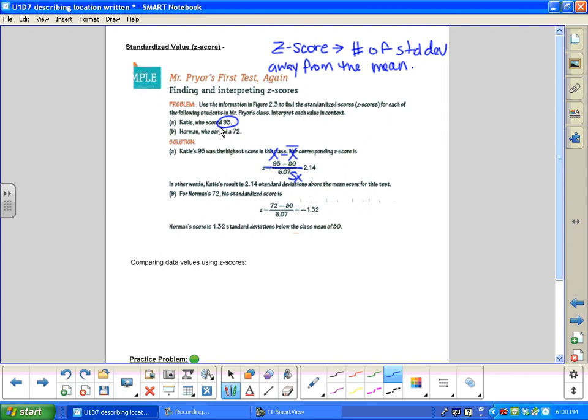So it's also kind of a measure of position in terms of the mean and standard deviation of your data set. You could also see they found for 72. 72 is the value you're given, that's x. 80 is your mean. Sx is your standard deviation. Okay, so one of the things we like to do is compare data using z-scores.